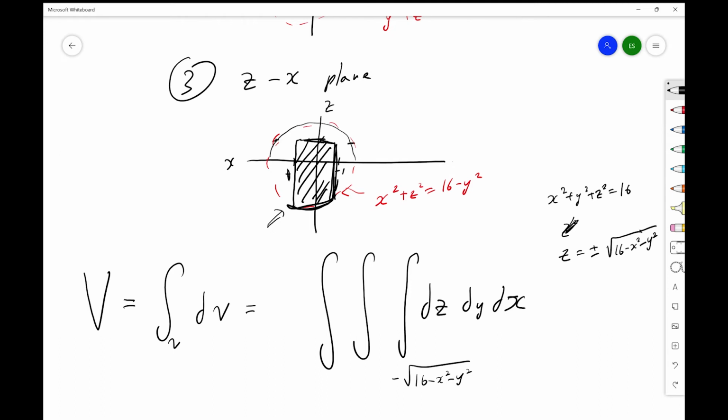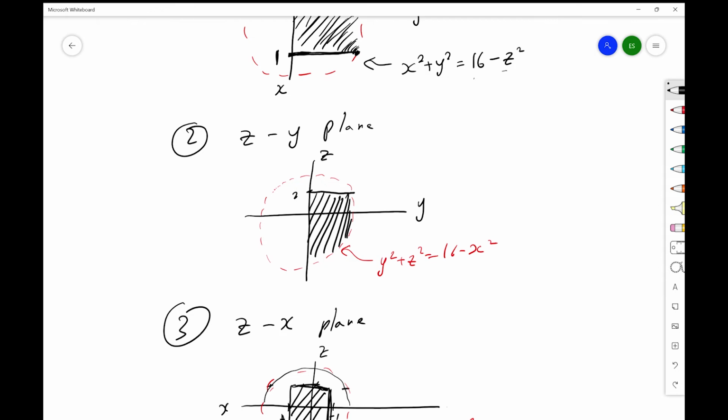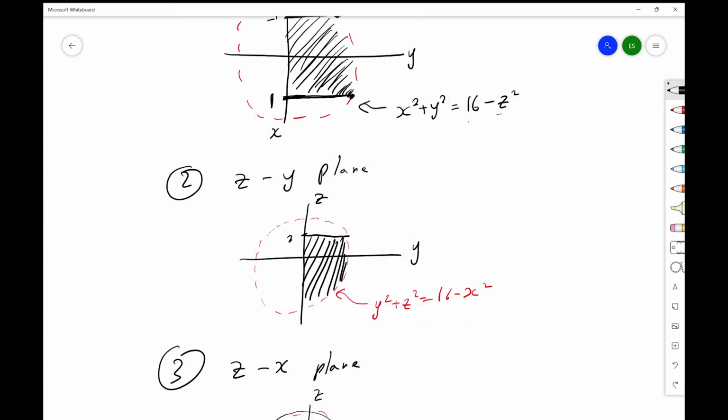Okay. So let's say we start using this. We start from the bottom part here. So we start from minus square root 16 minus x squared minus y squared. This will go to some limit. The thing is, the limit that this is going to go to is going to depend on x and y, right? Let me see.